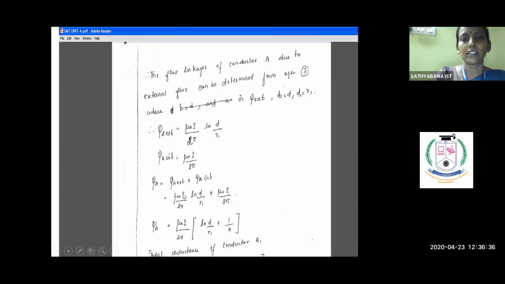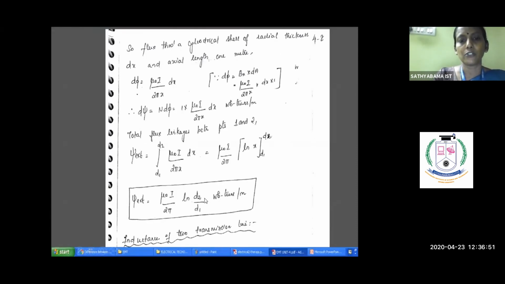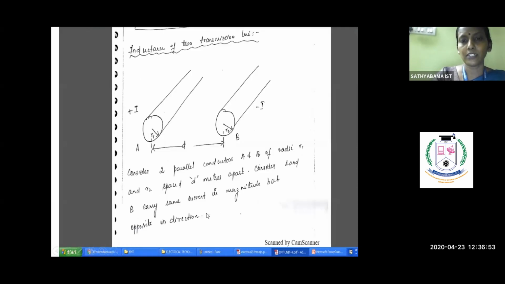You can see psi A is equal to psi external plus psi internal. Psi external can be written as mu naught I by 2 pi ln d2 by d1, which you have already derived in the last section. Instead of d2 here in the diagram, we have this distance d, and instead of d1, we have this radius r1.